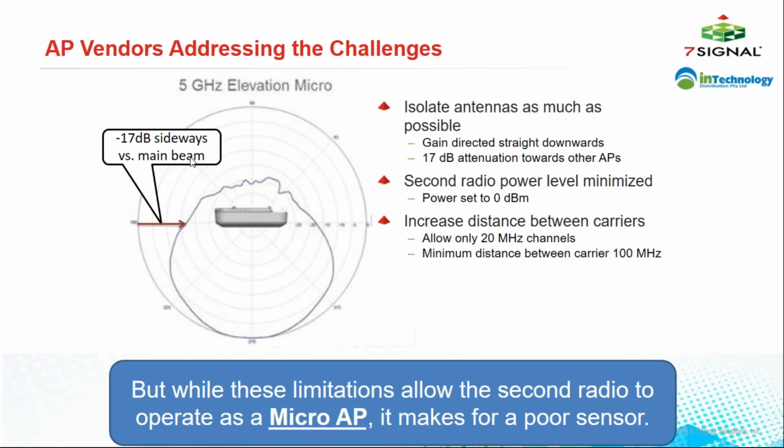Another question here is how much load, and I guess this is probably getting a little bit too far into it, but we'll ask the question now. How much network load does 7signal have on a typical wireless LAN compared to just using an existing access point as a sensor? Sure. Well, the 7signal system and its network of sensors are high-performance clients on your network, so it's really just the same as adding one more client to your network.